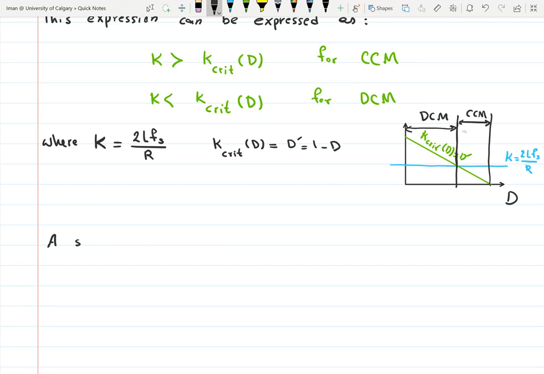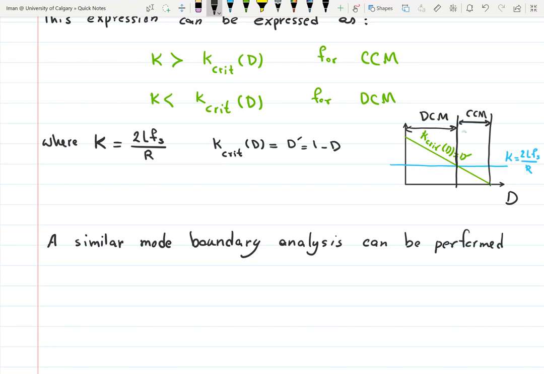A similar mode boundary analysis can be performed for other converters.